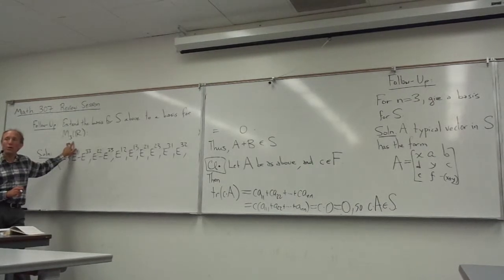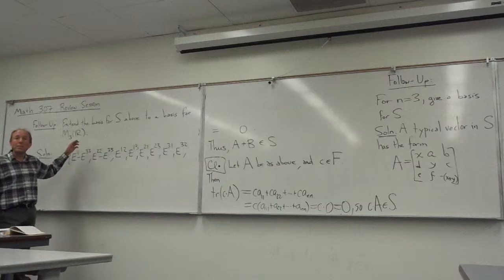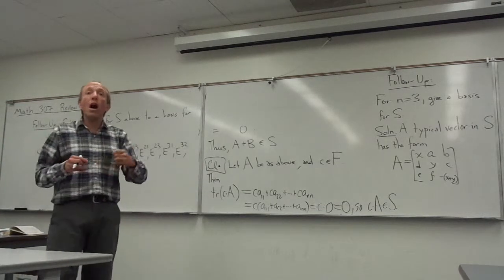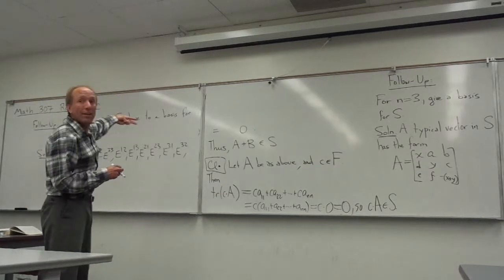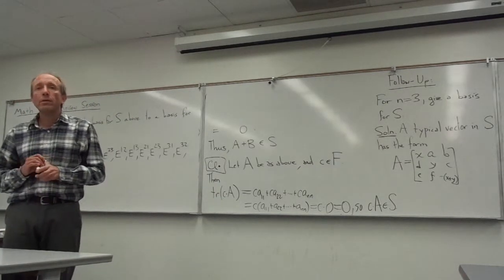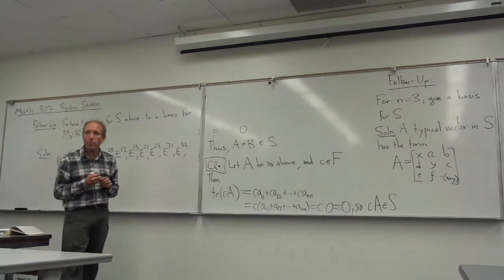What do I have to do in order to do that? You have to take vectors in M3 of R that aren't already there, and add them to your basis. We need to think about adding some additional vectors that are not already spanned by the ones that are there. Can somebody give me an idea of what we might throw in here?